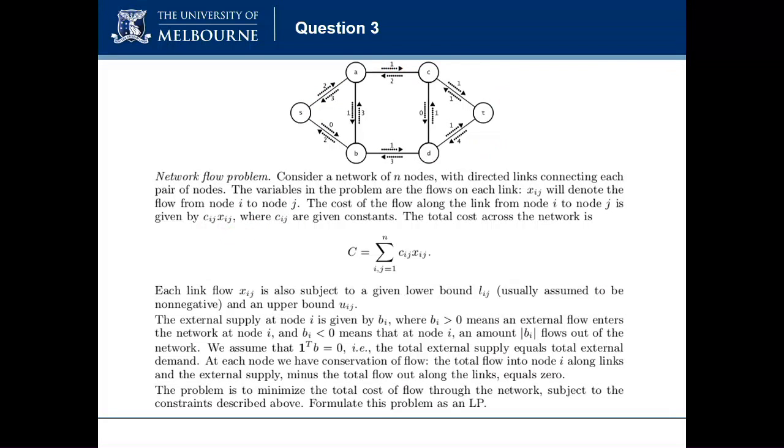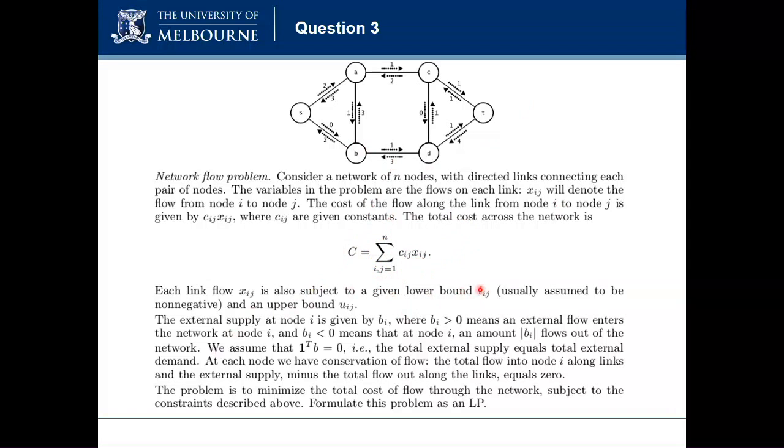The x's are the flows between the nodes, and the Cij are the constant costs. So if there is a flowing network with some flows through it, the total cost will be the sum over i, j of Cij Xij over each link flow, right?